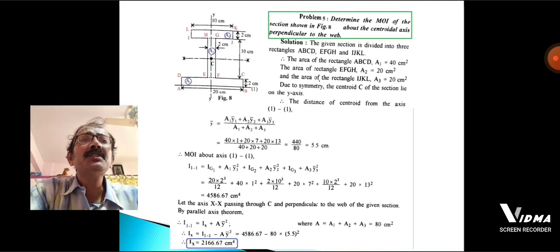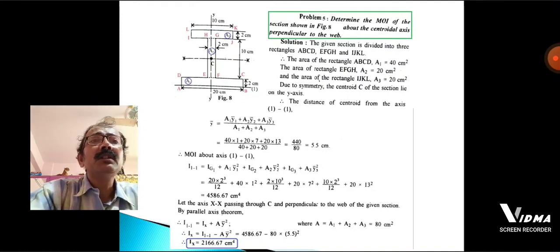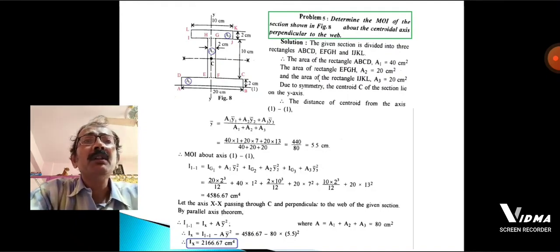Now the moment of inertia of the section: I_g1 plus A1 y1 bar square, plus I_g2 plus A2 y2 square, and I_g3 plus A3 y3 square. So in section 1, that value is 4586.67 centimeter to the power 4.